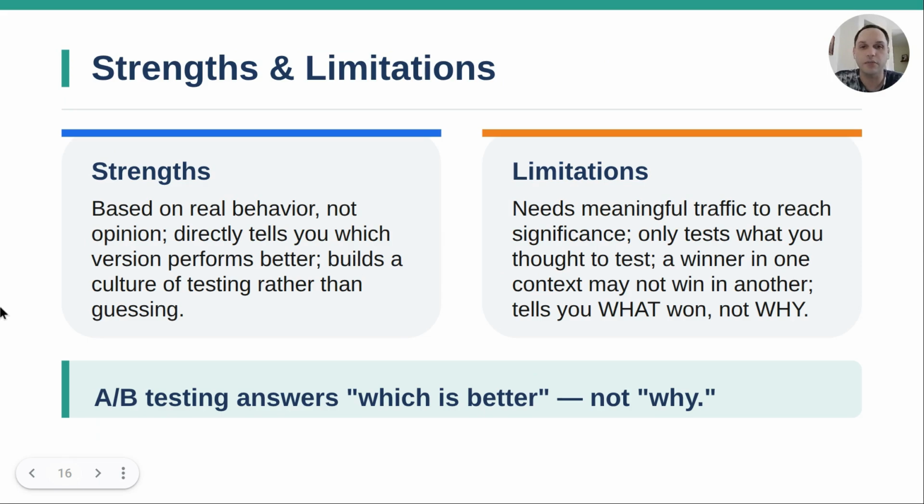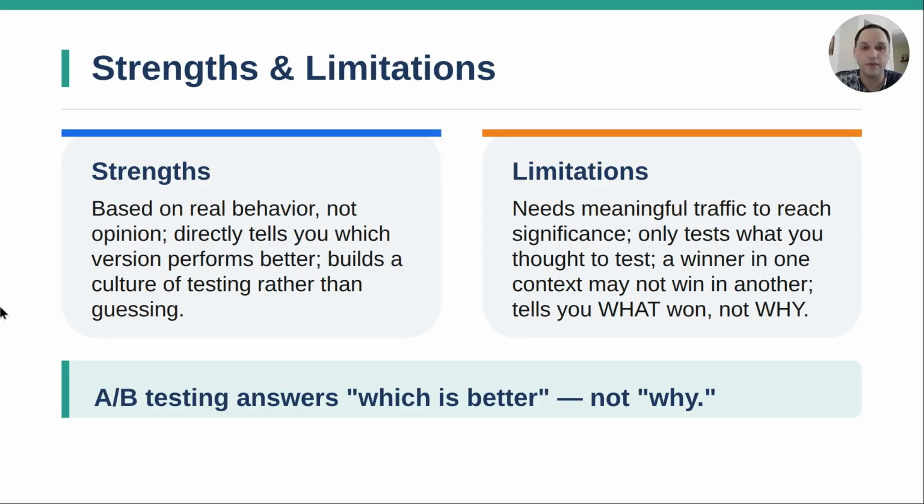Let's be honest about both sides. The strengths of A/B testing: it's based on real behavior, not opinion. It directly tells you which version performs better in your actual context, with your actual audience. And it builds a culture of testing rather than guessing, which compounds over time. The limitations?